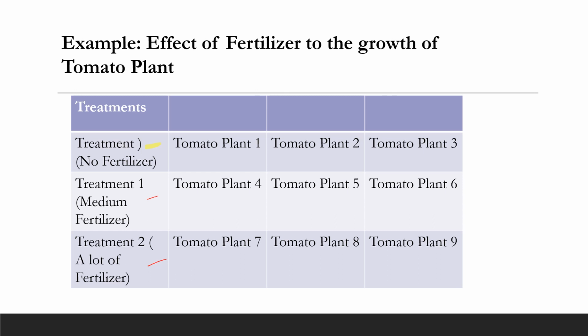Tomato plants 1, 2, and 3 will be assigned to receive no fertilizer. Tomatoes 4, 5, and 6 are for treatment 1 having medium fertilizer, and tomatoes 7, 8, and 9 will receive treatment 2, meaning a lot of fertilizer.